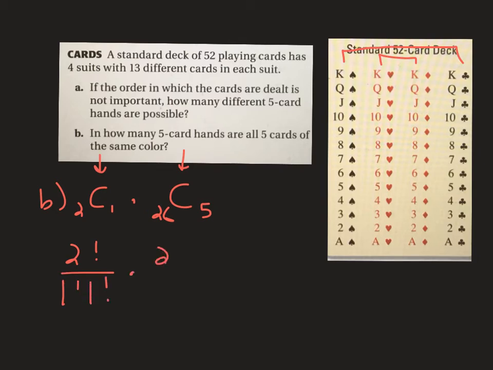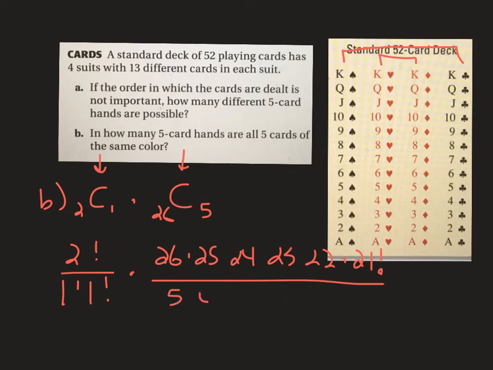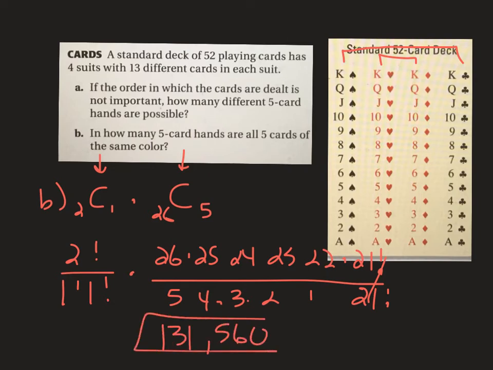Times, then this one's going to be 26 times 25 times 24 times 23 times 22 times 21 factorial, because on the bottom I would have 5, 4, 3, 2, 1, and then 21 factorial also. Those would cancel. If you punch all that in your calculator, you get this many: 131,560. I punched it in earlier, so we don't have to wait so long on the video, but there it is.